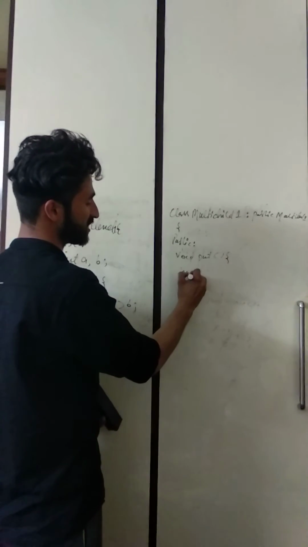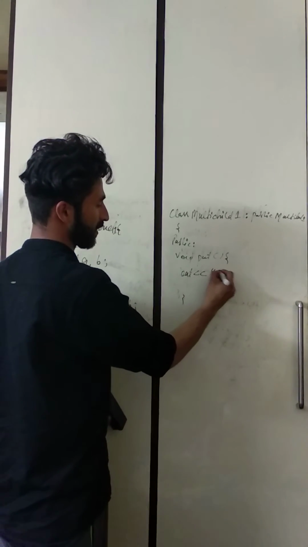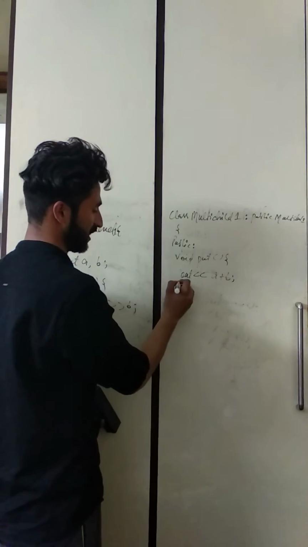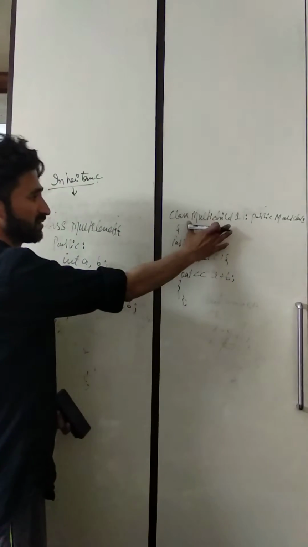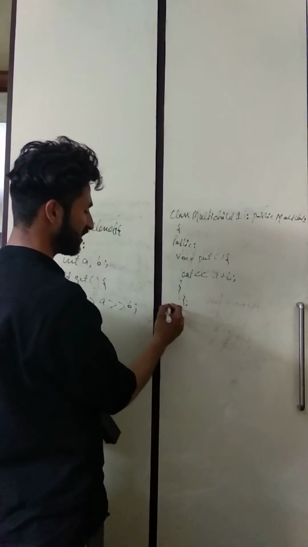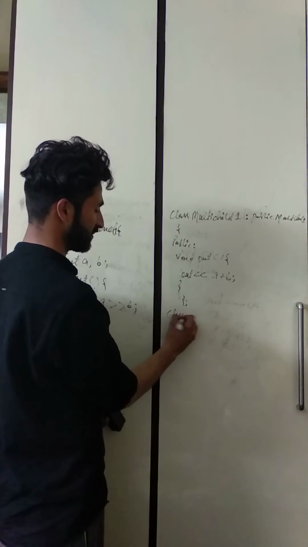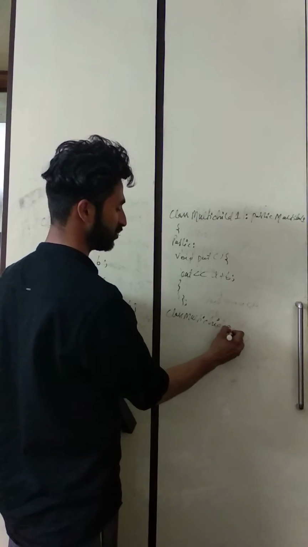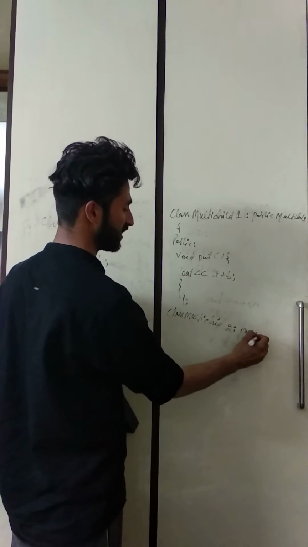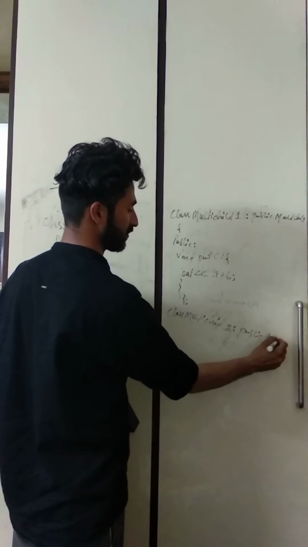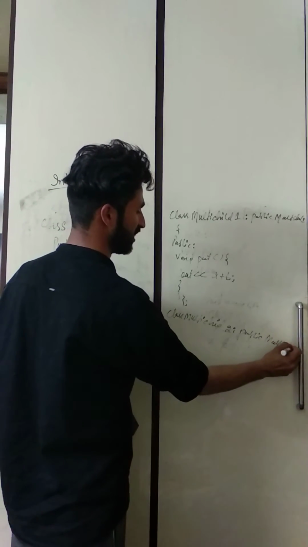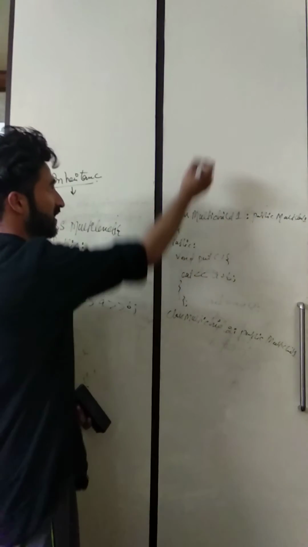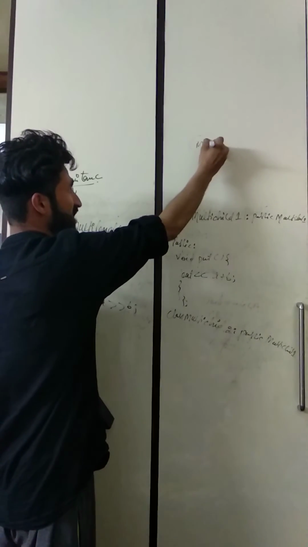Here I have written cout a plus b, and similarly I have closed the class multi-child 1. I am creating another class multi-child 2, and I am writing public multi-child 1.